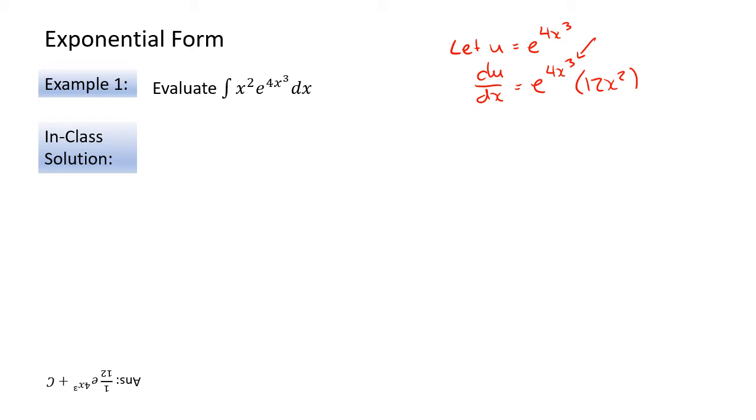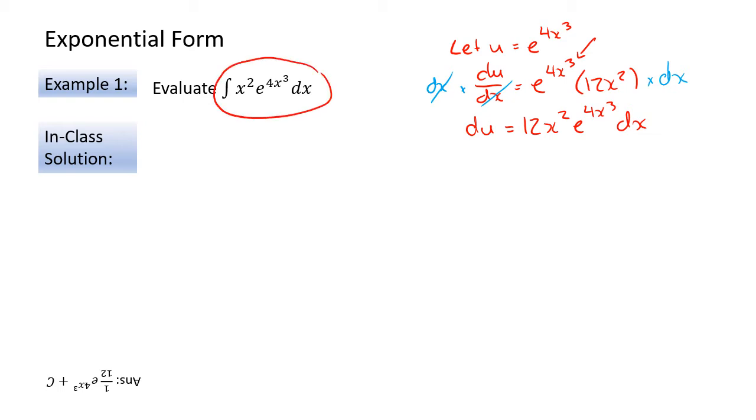Okay, so now I have to solve for du. To do that, I can multiply both sides by dx, just like you saw in lesson 1.1. So the dx's here will cancel, and we're left with du is equal to, simplifying this, 12x squared e to the 4x cubed dx. Okay, well, we're almost there, right?